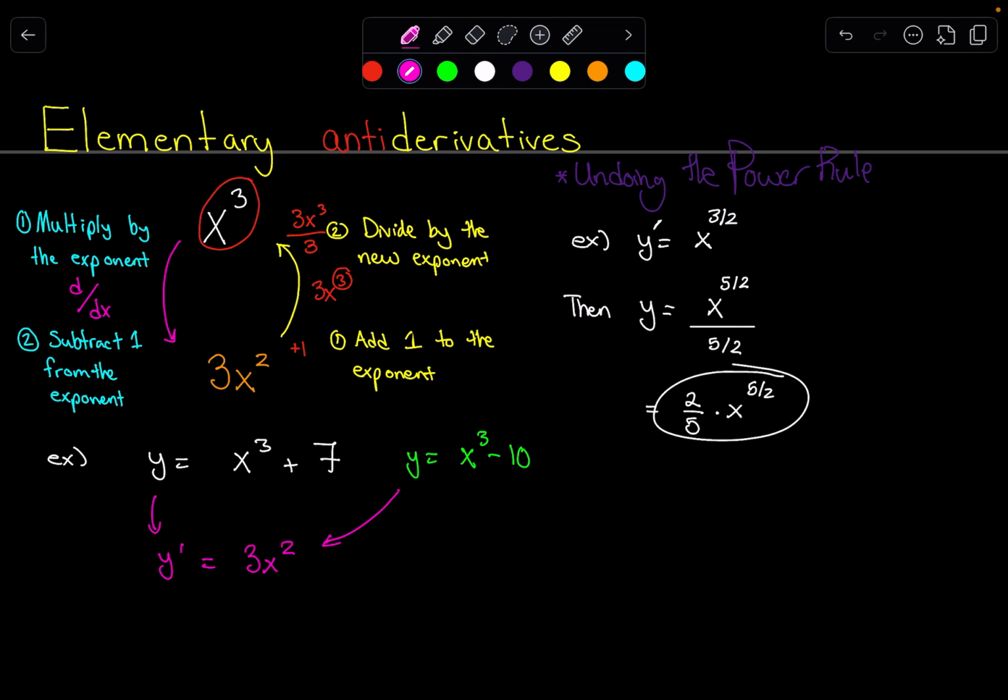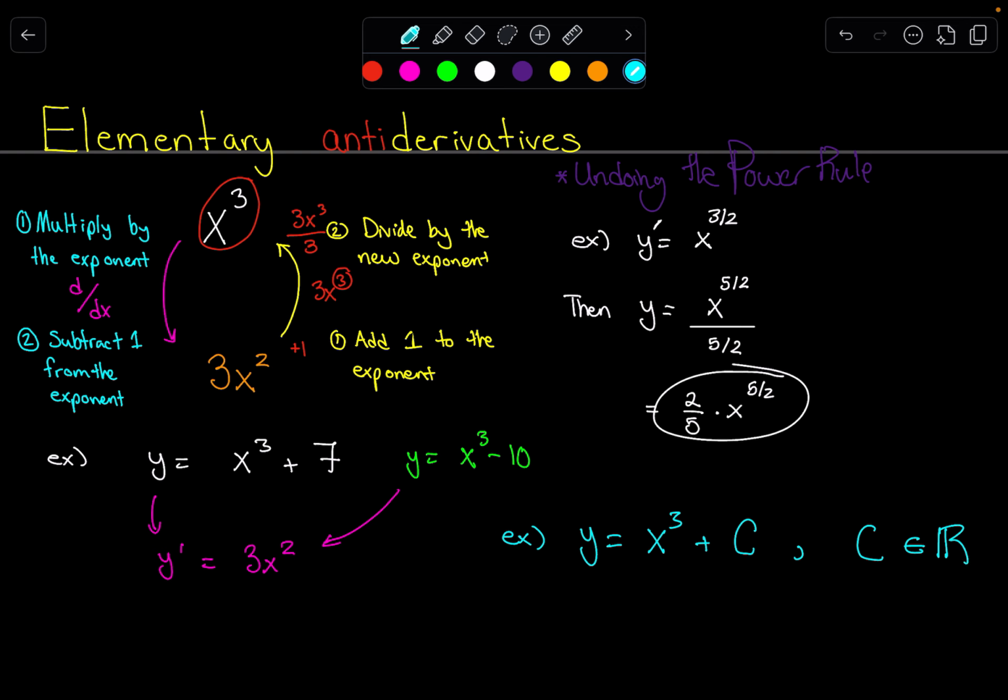That maybe in general, if I were to give you an equation, y is equal to x cubed plus really any constant c, which I'll denote like this. I'll say c can be any real number.